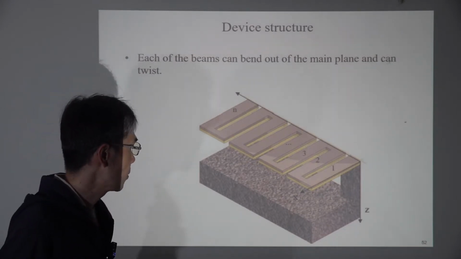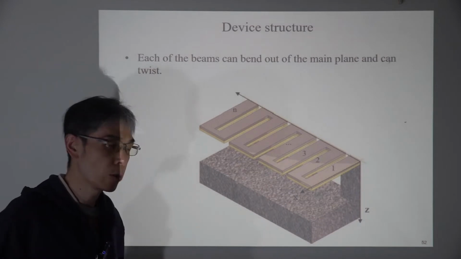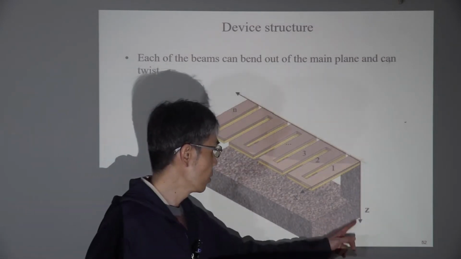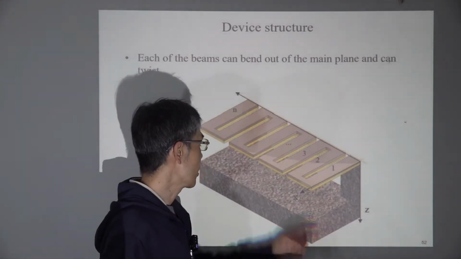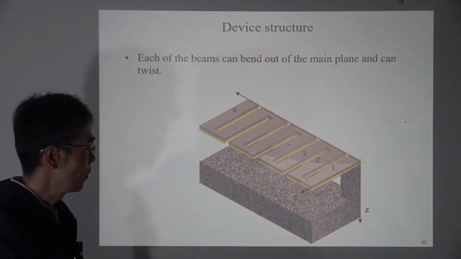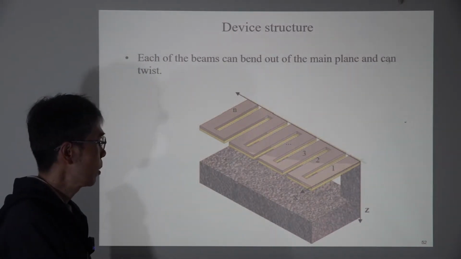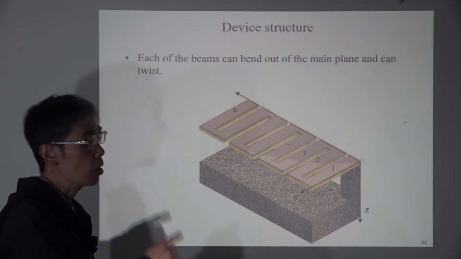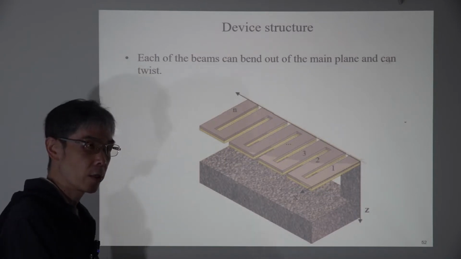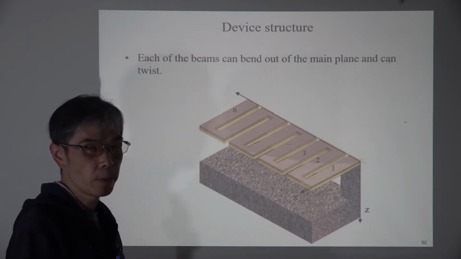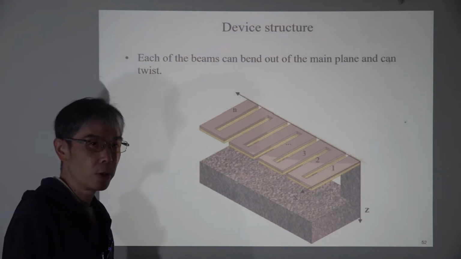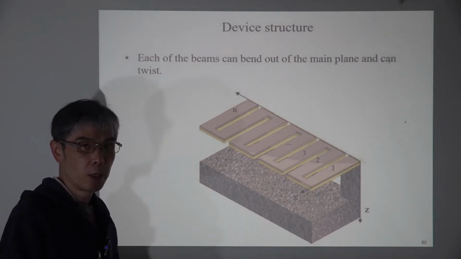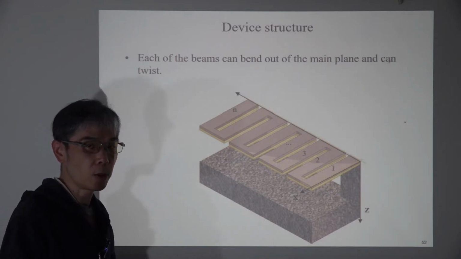So in this case, if there's a vibration in the Z direction, this is X, this is Y, these segments are going to bend and also twist. So twisting plus bending, we have a lot of exciting things going on in the structure.